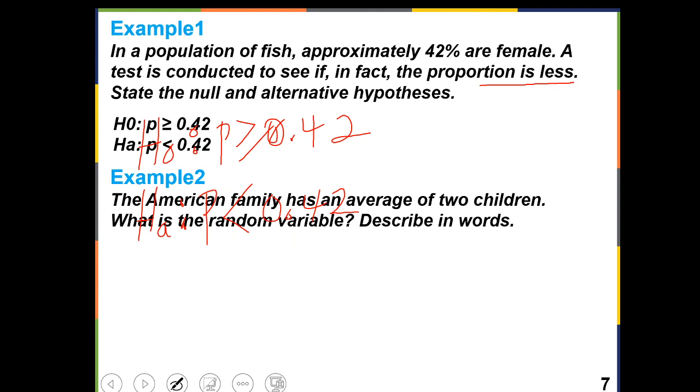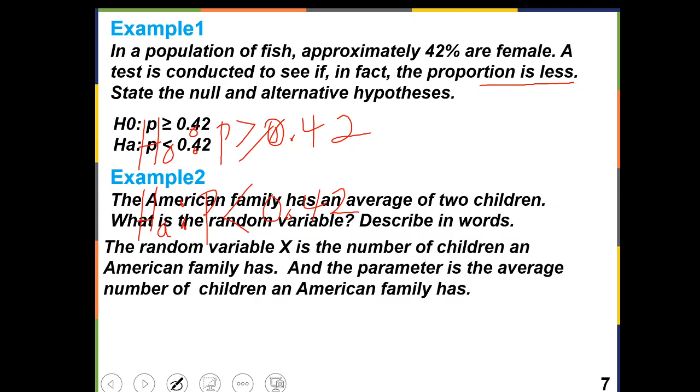The American family has an average of 2 children. What is the random variable? Describe in words. Well, the random variable here is just the number of children that families have. So the variable here is the number of children an American family has.